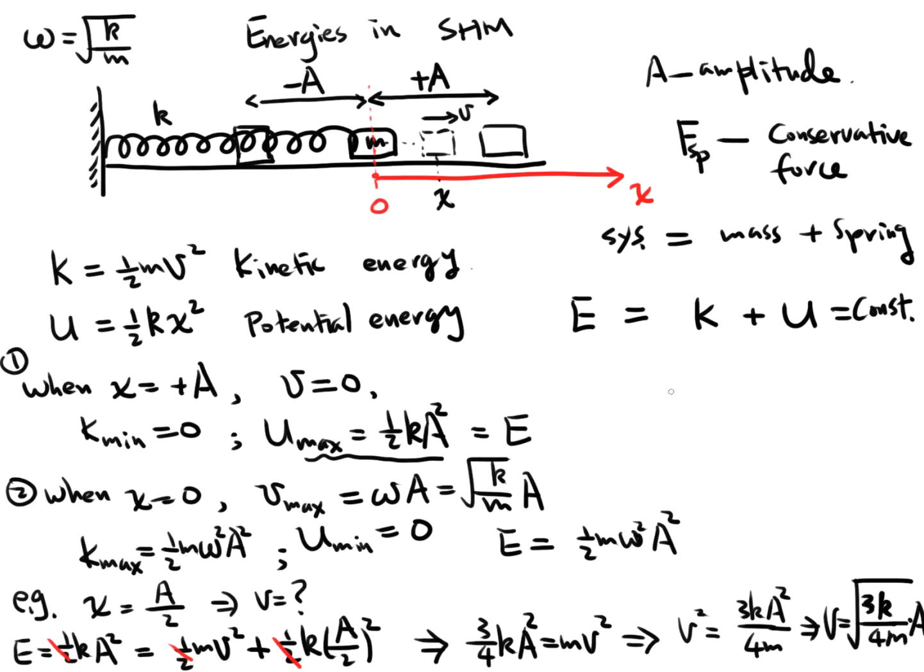So to summarize this discussion, let's draw a picture. The vertical axis here is energy, either kinetic energy, potential energy, or the total mechanical energy E.